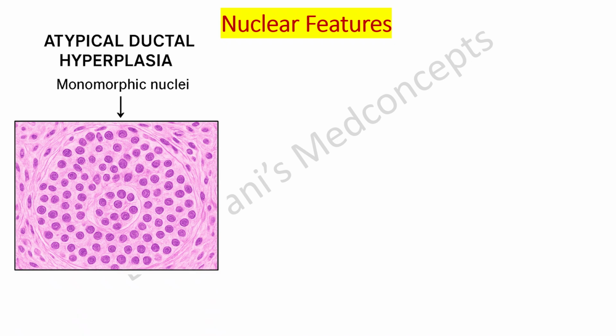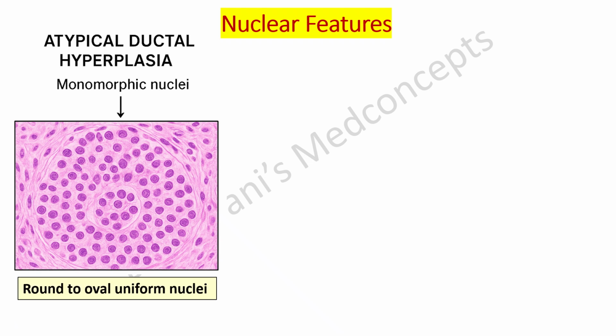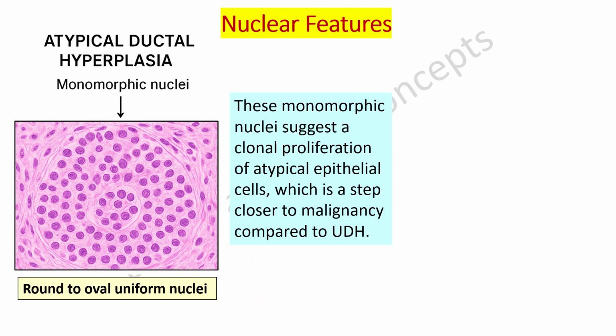Coming to the nuclear features, in atypical ductal hyperplasia, the nuclei are monomorphic, means they are similar in morphology. So all of them are round to oval uniform nuclei. These monomorphic nuclei suggest a clonal proliferation of atypical epithelial cells, which is a step closer to malignancy when compared with UDH, that is usual ductal hyperplasia.